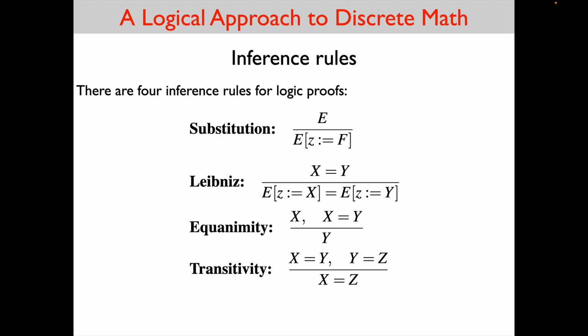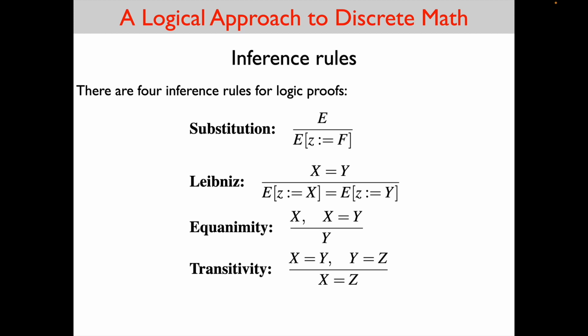Okay, so here are the inference rules for logic proofs, and you notice that we have substitution and Leibniz. Leibniz was one of the properties of equality, and transitivity was one of the inference rules for equality.